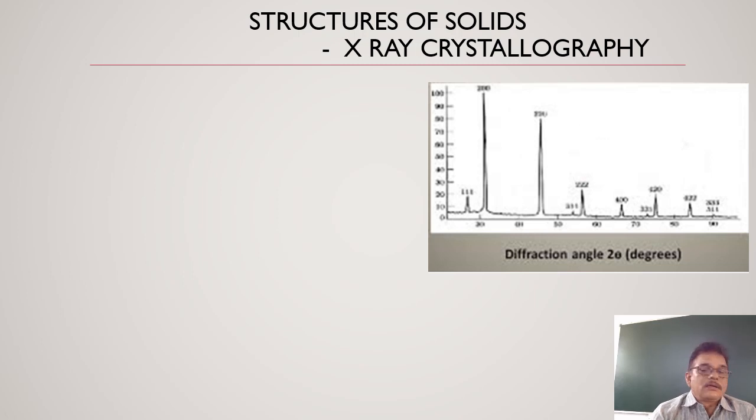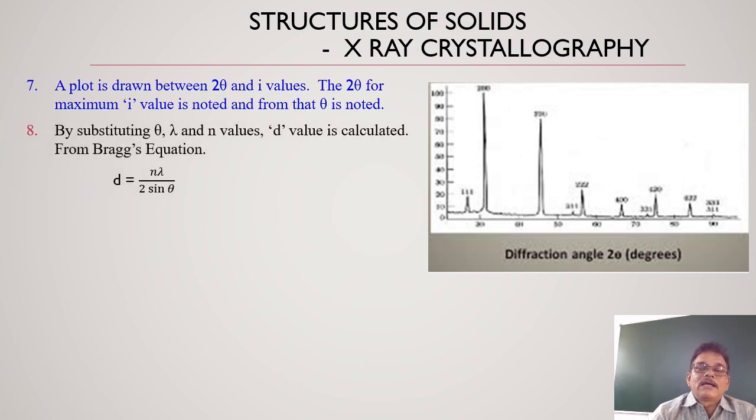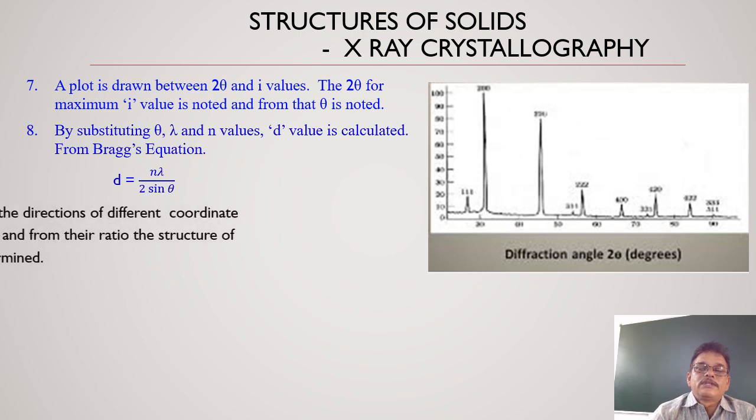A plot is drawn between 2 theta values and I values, and we get a graph as shown in the figure. Here 2 theta is taken on the x-axis and I value on the y-axis. If we observe clearly, the I value is more at this 2 theta value.